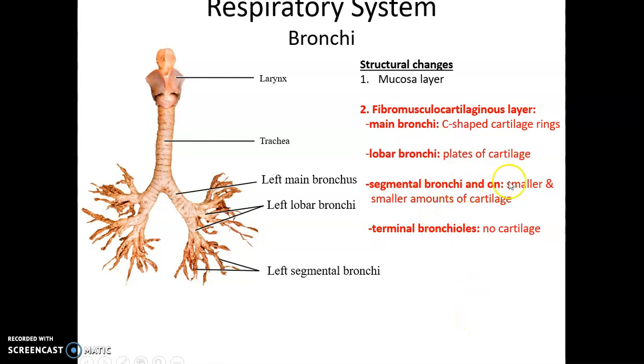The segmental bronchi and on, as the tubes get smaller, there is less and less cartilage, until eventually in the bronchioles, there is no cartilage at all.